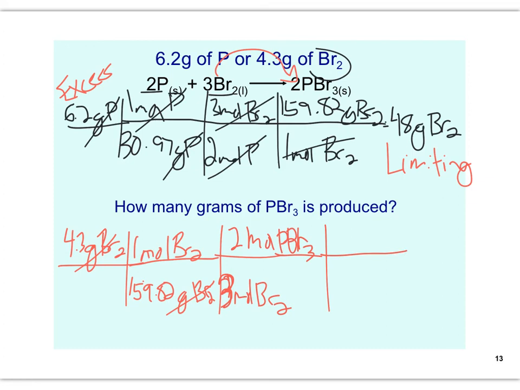And then we need to find the molar mass of PBr3, which has a mass of 270.70 grams of PBr3. When you plug all this into your calculator, you would find that you would only be able to produce 4.9 grams of PBr3.